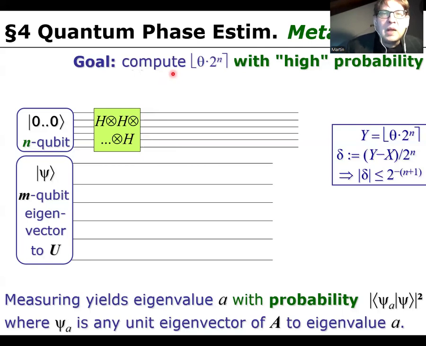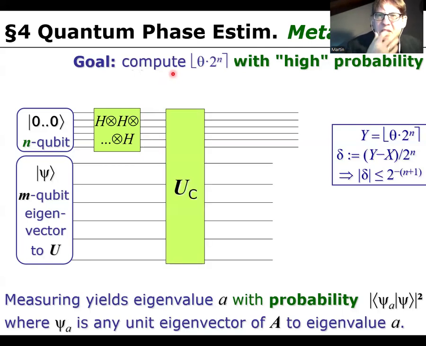And then we apply the so-called controlled U. Remember, U is our matrix and it's hard-coded into this. This is an entire circuit and it's going to be controlled in a sense that I will explain now. So we already saw controlled gates which operate on 1 qubit or here on m qubits, depending on the value of another single qubit.